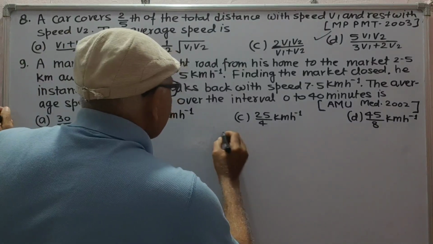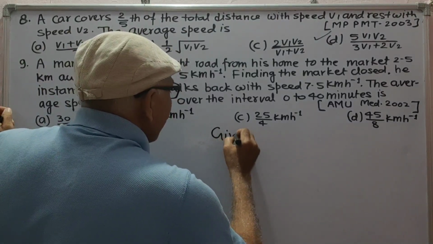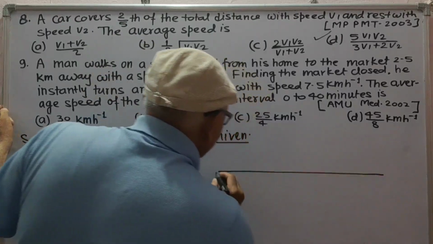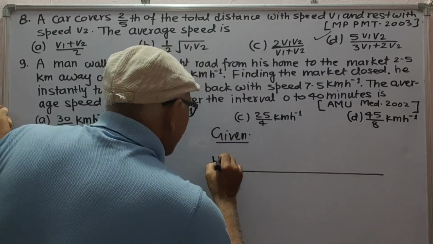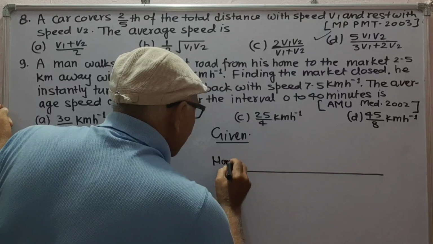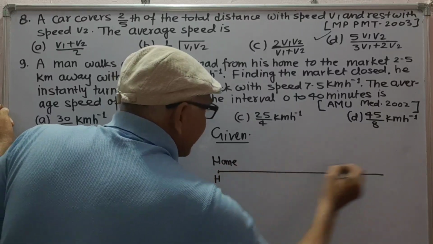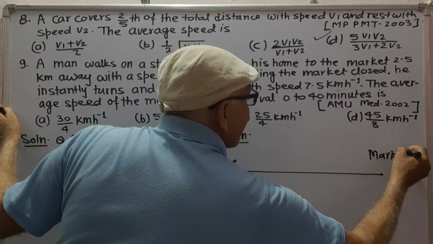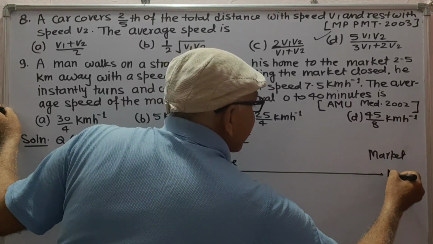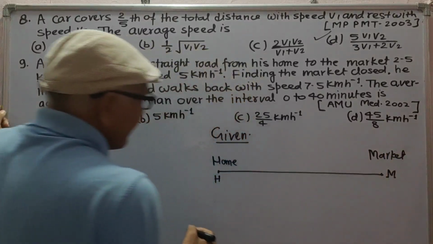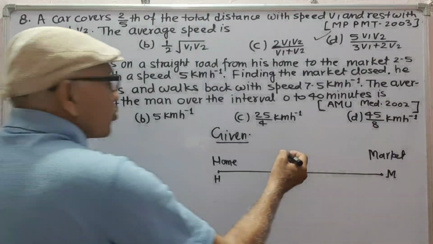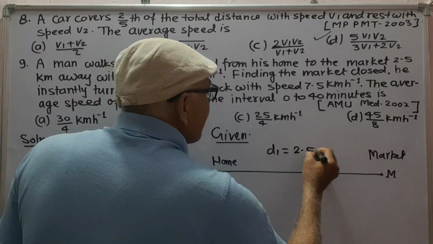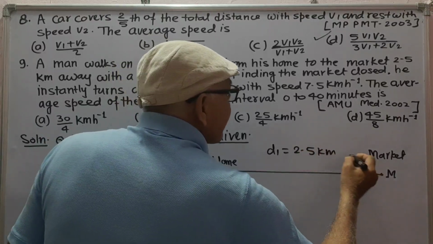Here, suppose this is home and this is market. Market is M, home is denoted by H. Total distance d1 is 2.5 km.